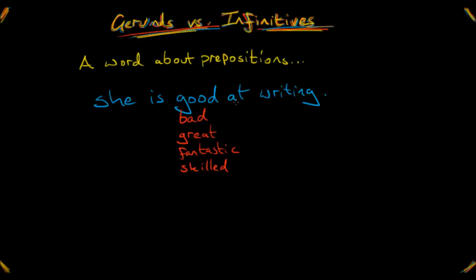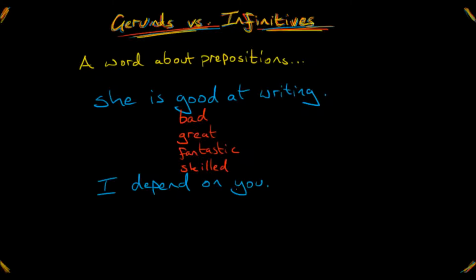So if you're in an exam, for example, and you've got something like this, if you can think of a word that has a similar meaning, it's likely to use the same preposition. We'll take a look at one more example. Those were adjectives; let's take a look at a verb. "I depend on you."